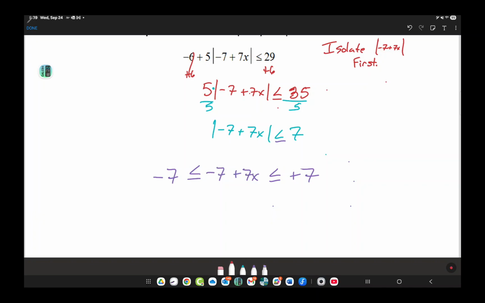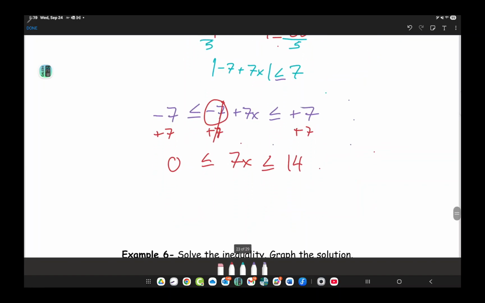So, what do we get rid of first? Get rid of negative 7 here, so I'm going to add 7, get rid of negative. That's going to give me a 0. That's equal to 7x, that's equal to 14. The only thing left to do is to divide by 7.